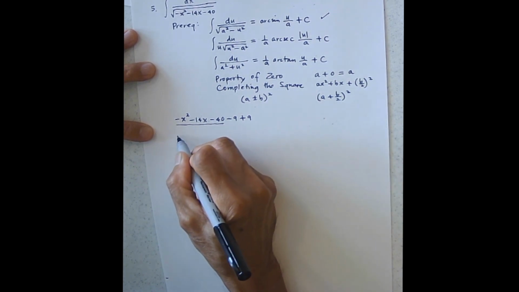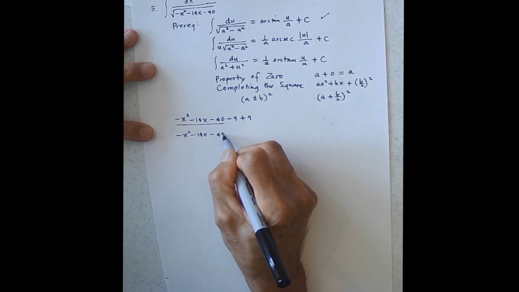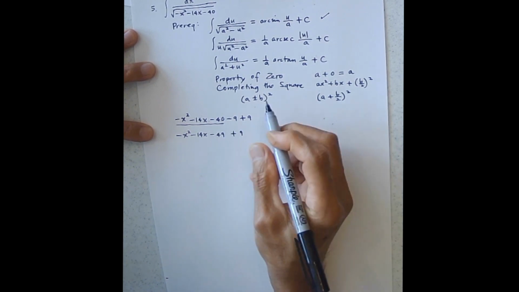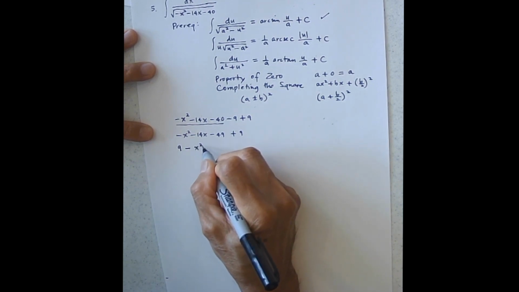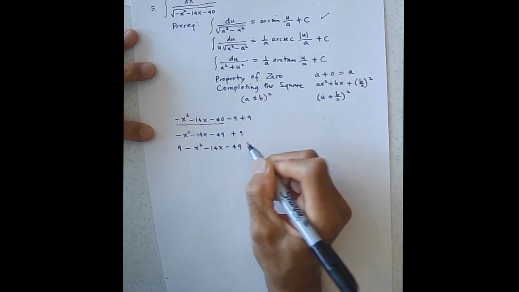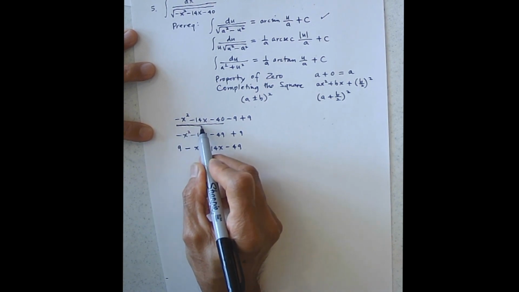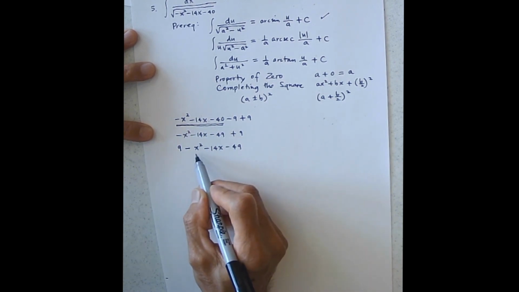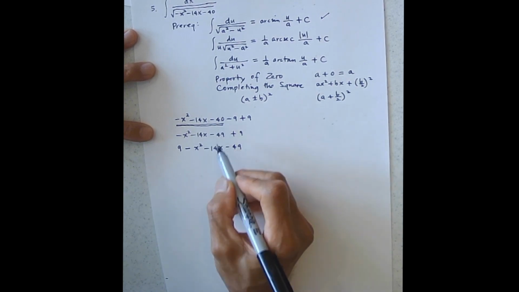Writing that now, I can say minus x squared minus 14x minus 49 plus 9, which I can rewrite as 9 minus x squared minus 14x minus 49. You know that this should still be equal to the original trinomial, and we can verify minus x squared minus 14x minus 49 plus 9 is minus 40.